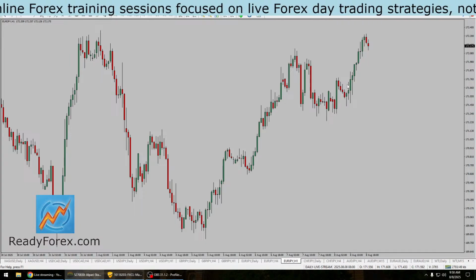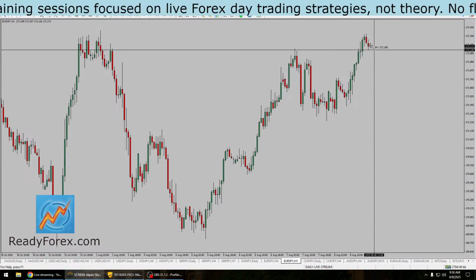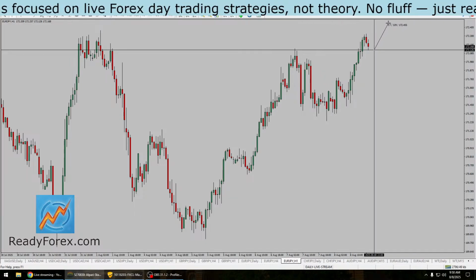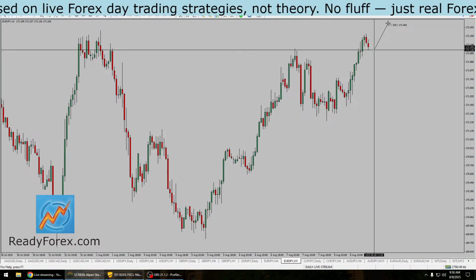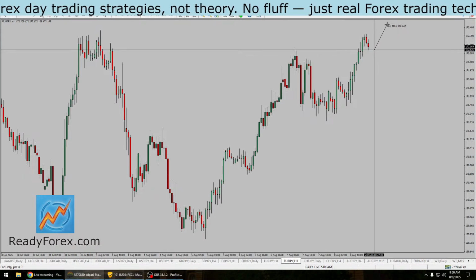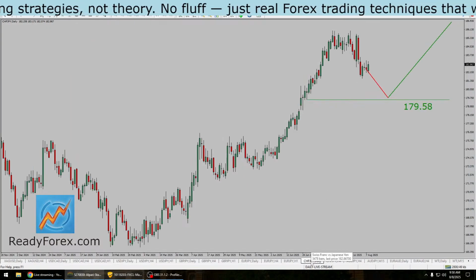So the way I see, market is probably going to move sideways a little bit, waste time, and then expect one more bullish leg to the upside, about 25 to 32 pips over here.